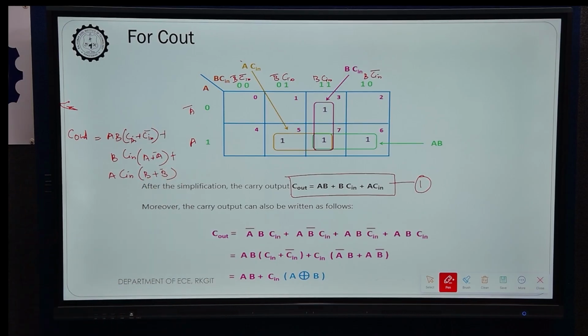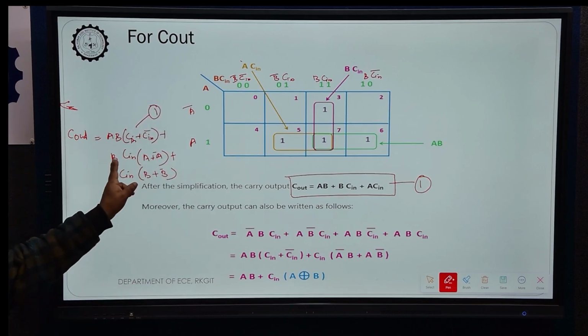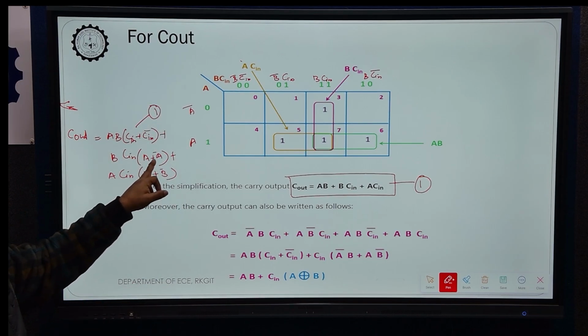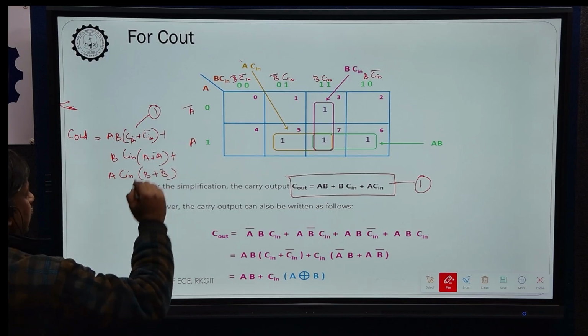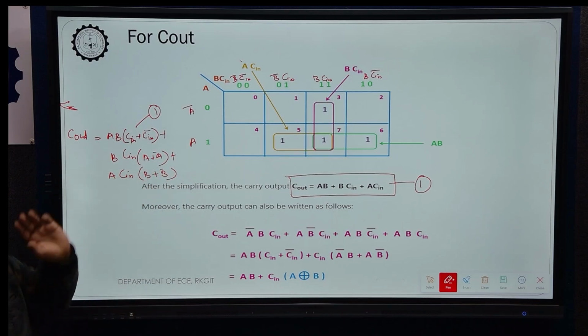We multiply each term with its missing term. For the first term, C in is missing, so I put C in plus C in bar, which is nothing but 1. For the second term BC in, the missing term is A plus A bar, which is also 1. For A C in, the missing term is B plus B bar, also 1. Then we will expand this.